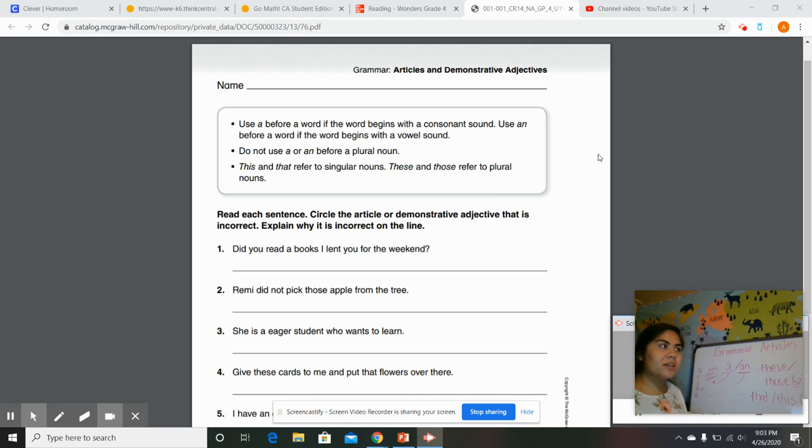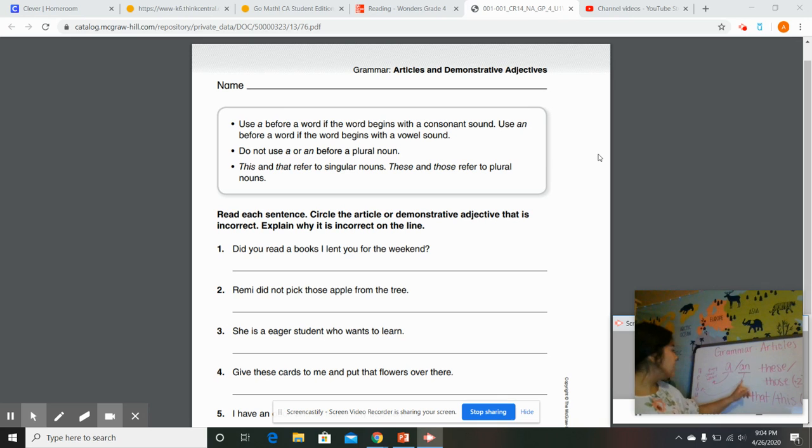Now remember, consonants are any other letters that are not vowels. So A, E, I, O, U, those are vowels. Any other letter, if the word starts with a consonant, then it would be a. So for example, that sentence that I gave you, look, a bear, right? Bear starts with B. That's not a vowel. So I could say, look, a bear, right?